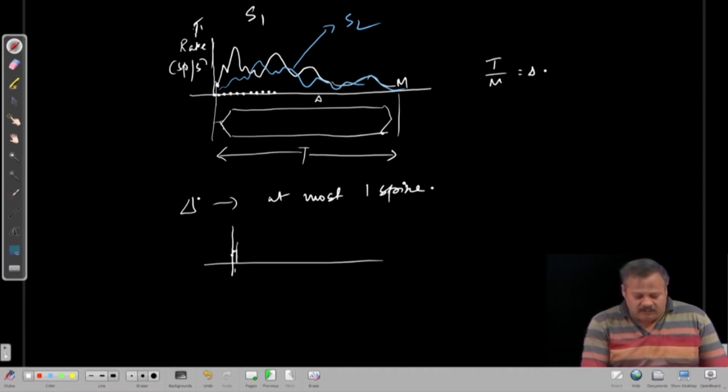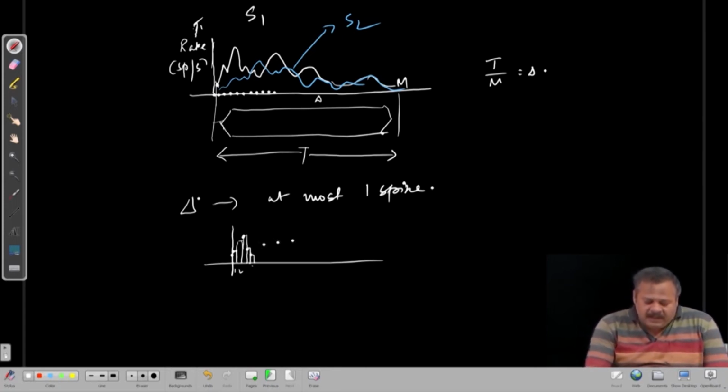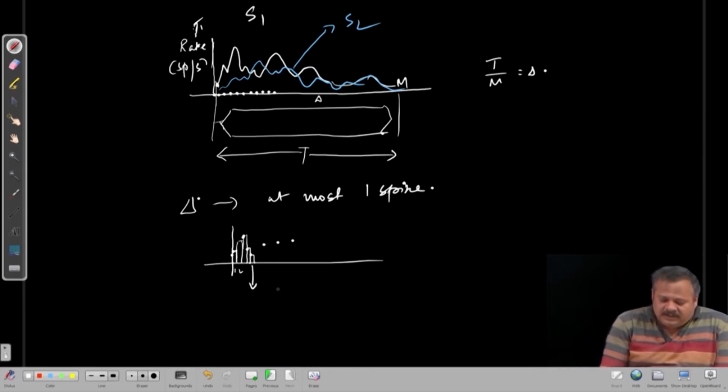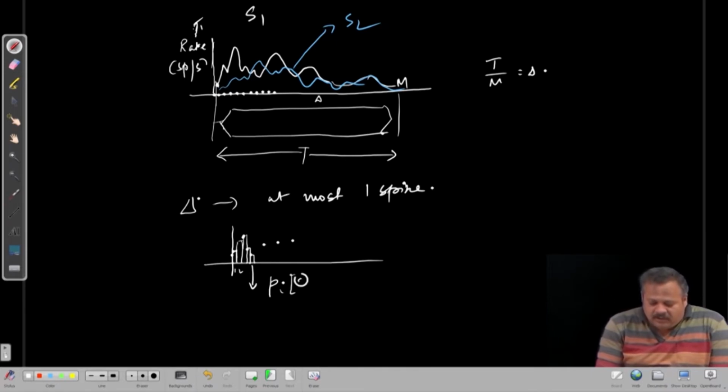This is window 1, probability of spike in this window, then probability of spike in this window, and so on. So in every bin, let us say the ith bin, we have probability p_i of occurrence of a spike, and similarly 1 minus p_i is the probability of no spike.